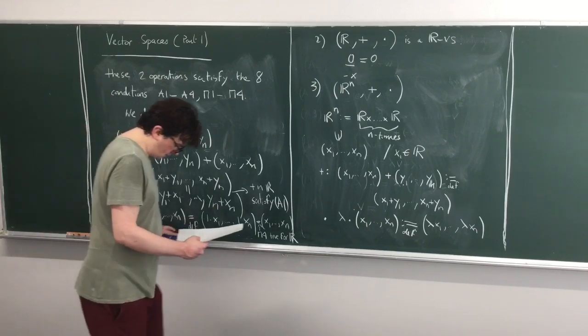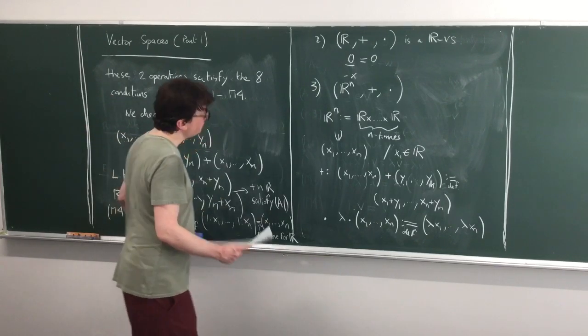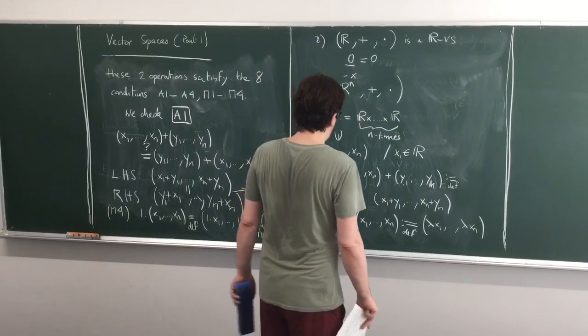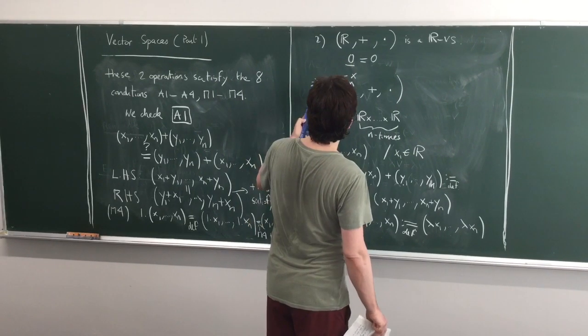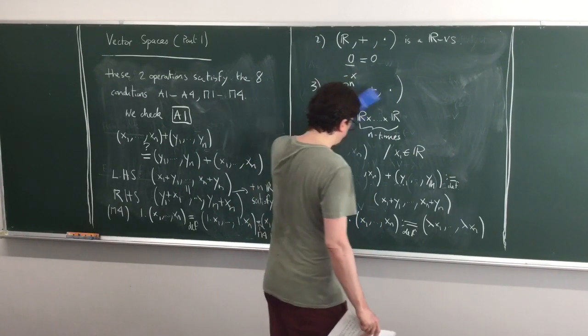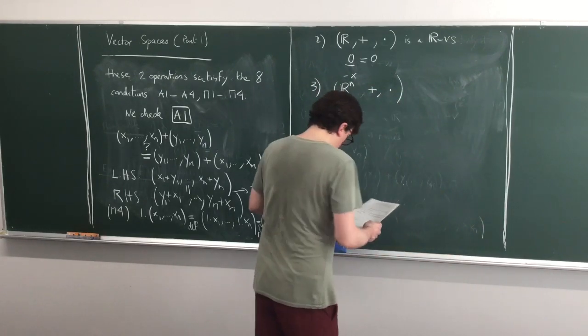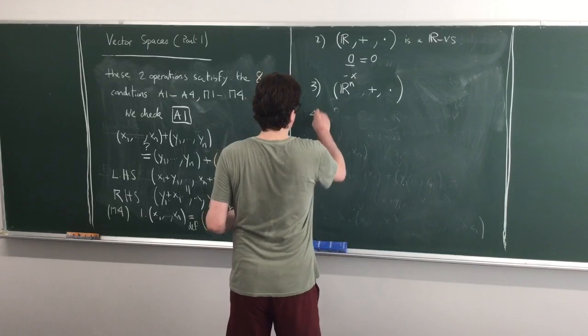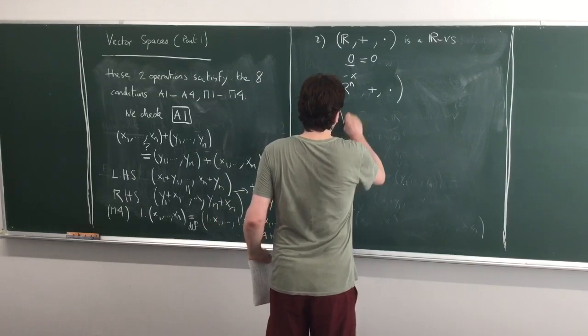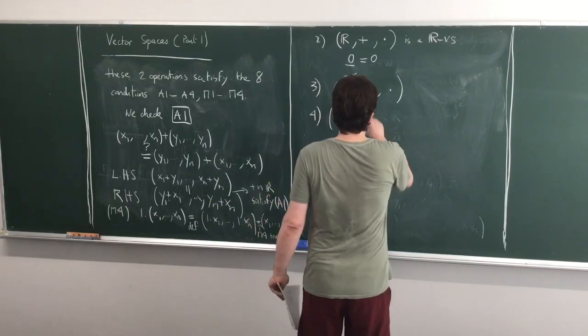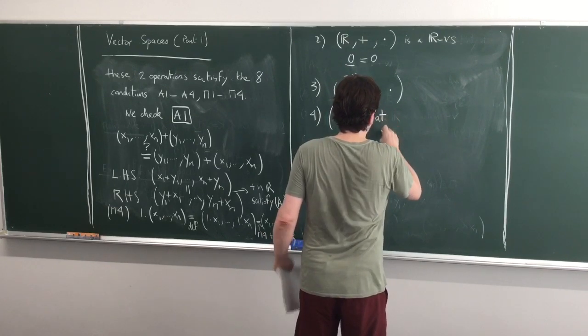Now, another example of an R vector space. So this was example 3. Okay? Let's find another example. We will take V to be the following set.